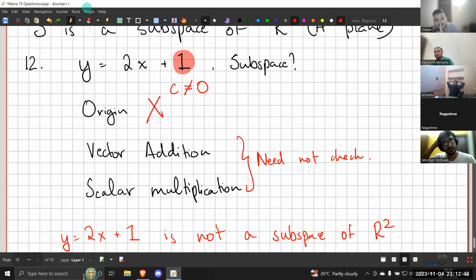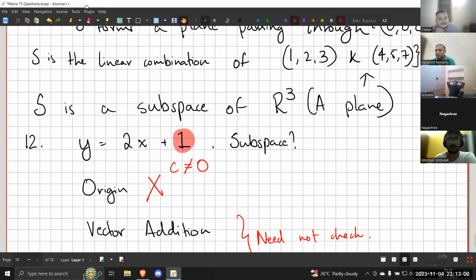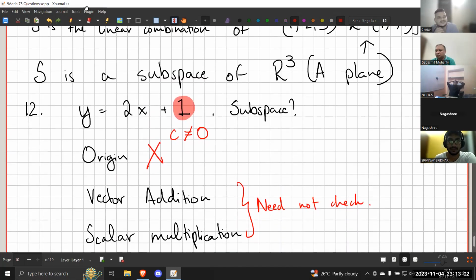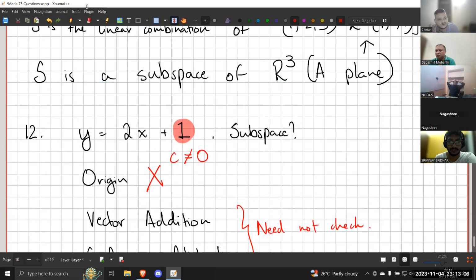That's why we called them nice functions. They were satisfying those two conditions, scalar multiplication and vector addition. They were passing through the origin.